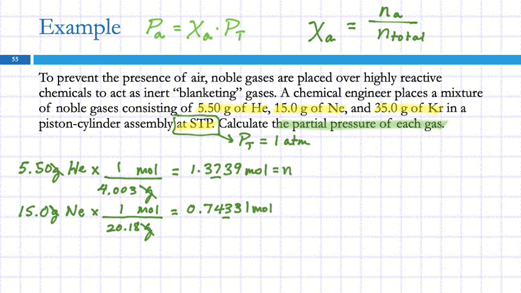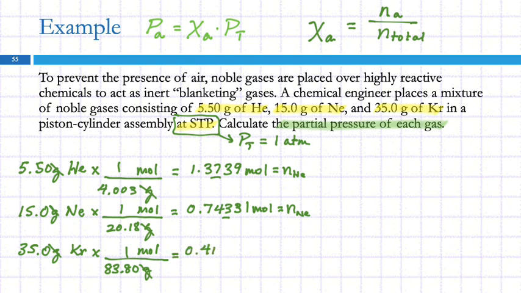So this is moles of helium, this is moles of neon. And then 35 grams of krypton. Krypton is 83.80. So that's moles of krypton.